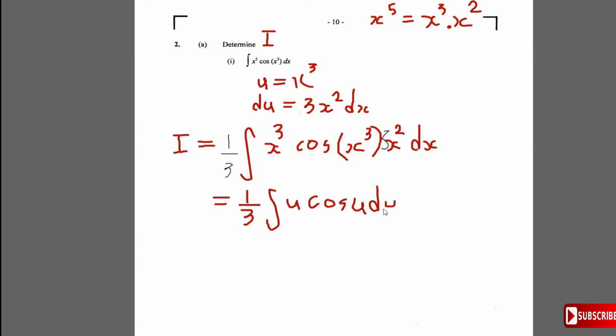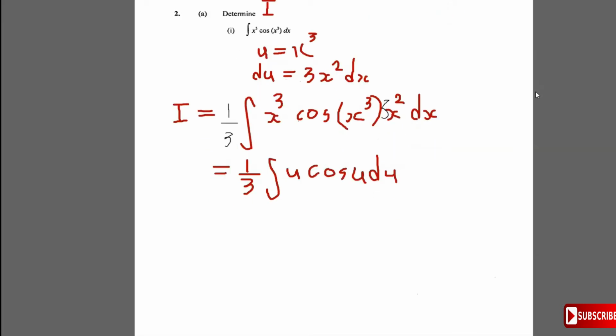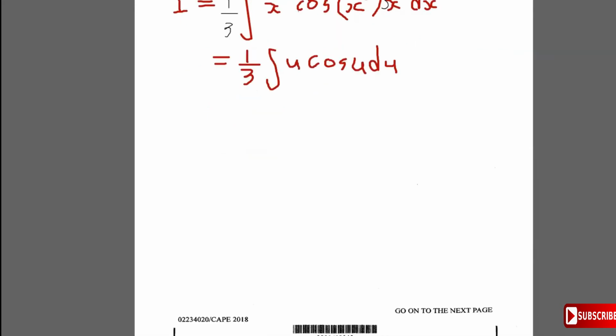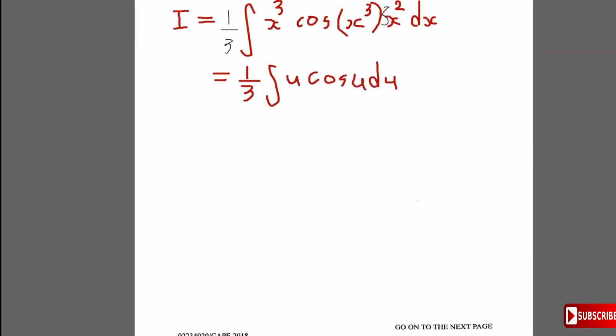So now we're good. When you get to this part, this looks like integration by parts. To do integration by parts, we usually use u and v.